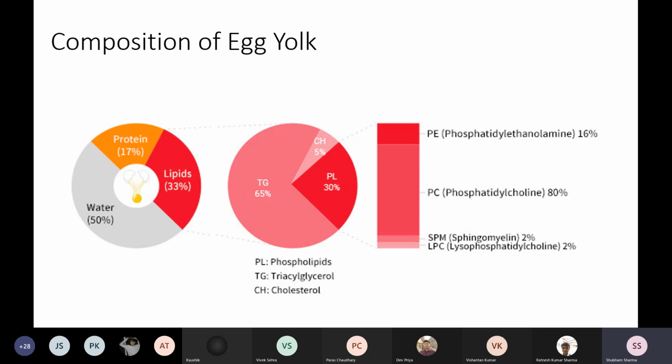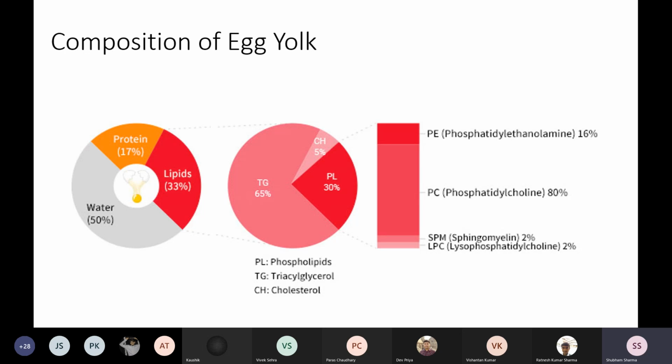Now, what are phospholipids? They are amphipathic molecules whose structure consists of four main components. First is a fatty acid, then a platform to which the fatty acids are attached. There is a phosphate group, and there is an alcohol which is attached to this phosphate.